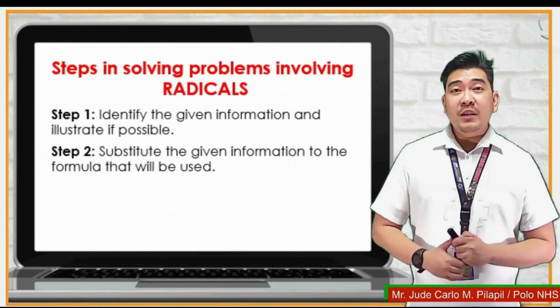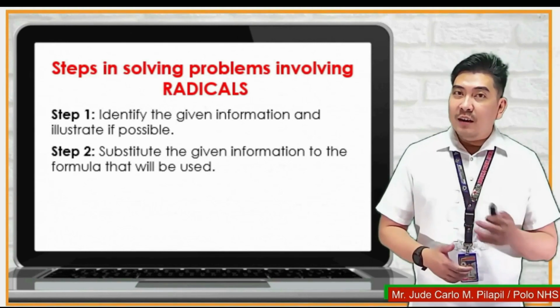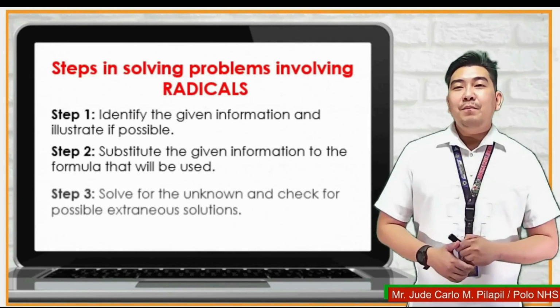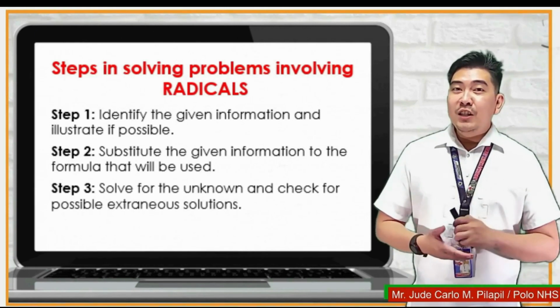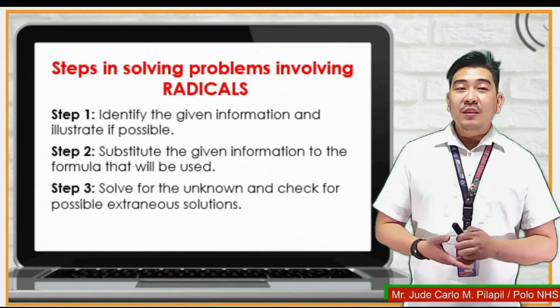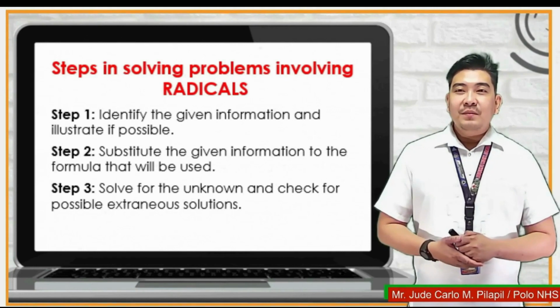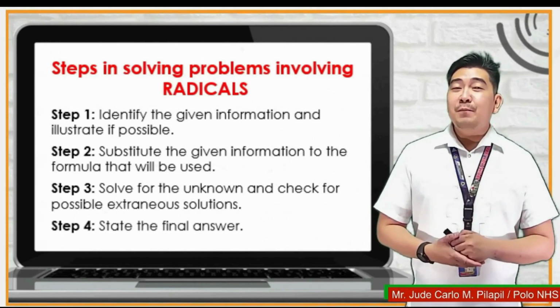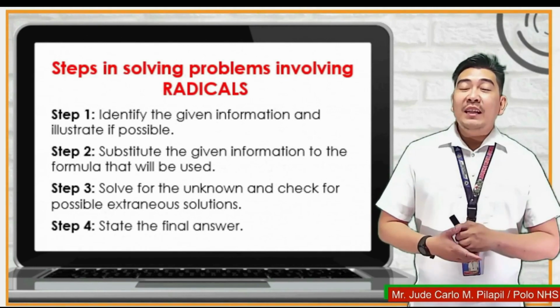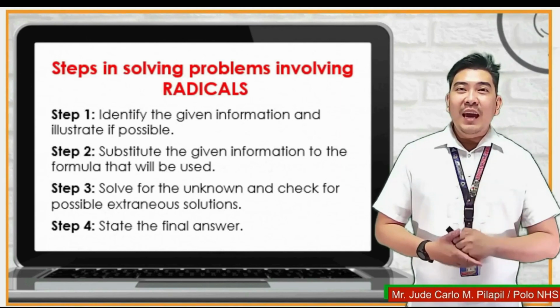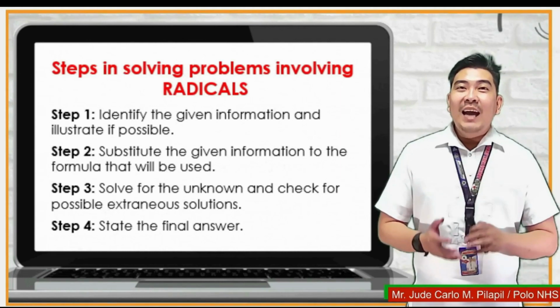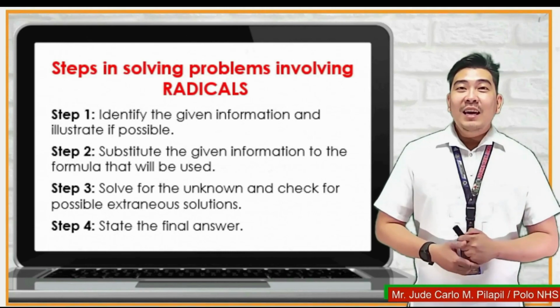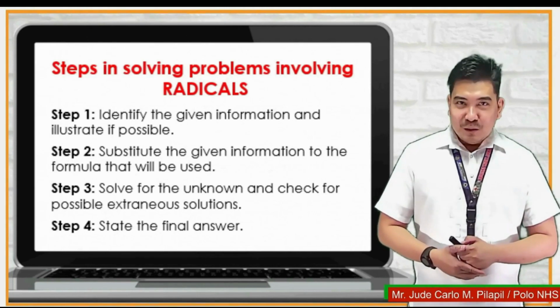Substitute the given information to the formula that we are to use. Step number 3. Solve for the unknown and check for possible extraneous solution. And the last step, step number 4, state the final answer. Do not forget to include the units and express your final answer in a complete sentence.